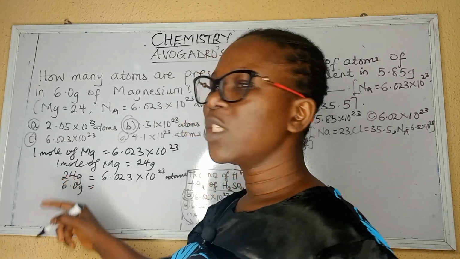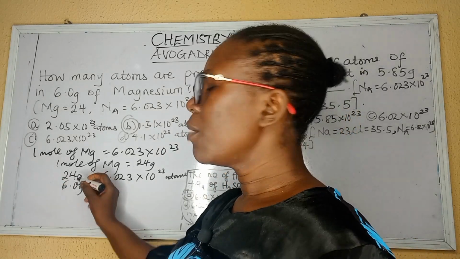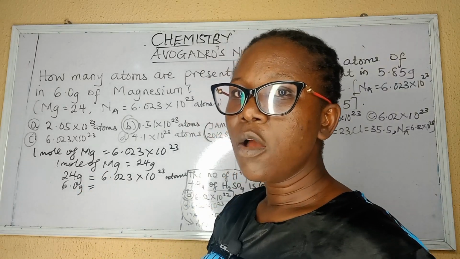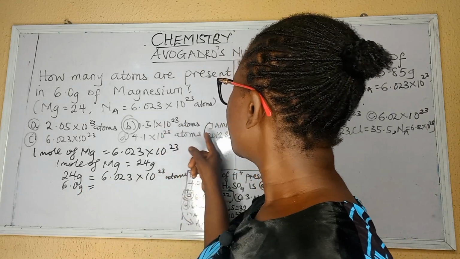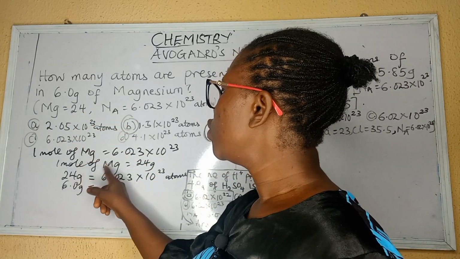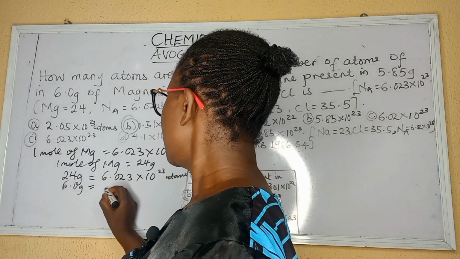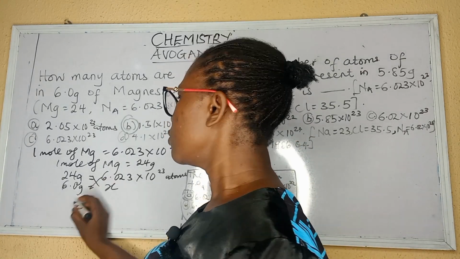How did I get this 24? 1 mole of any element is its atomic mass. So the atomic mass, which is also known as the mass number of magnesium, is 24. It has been given in the question. So 1 mole of magnesium is its atomic mass, and it is 24 grams. 6 grams will contain what? So we can cross multiply here.